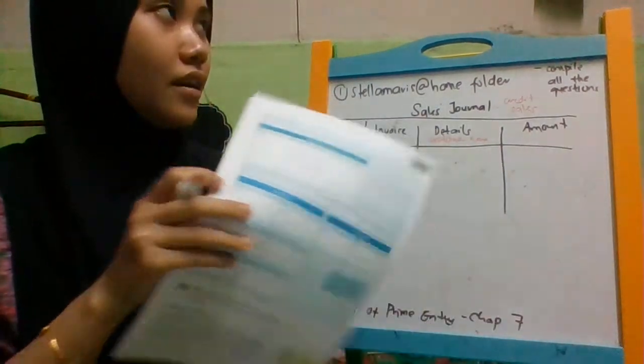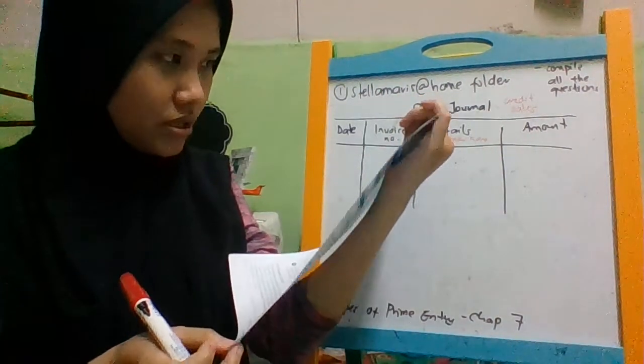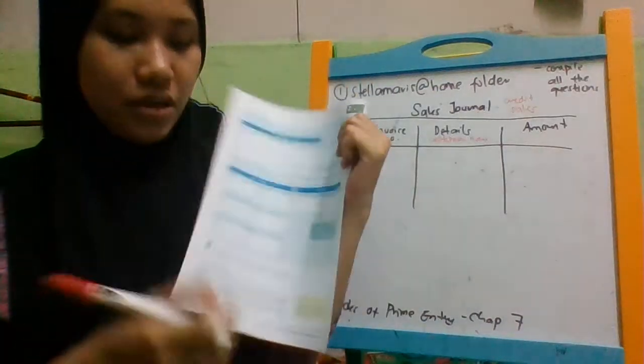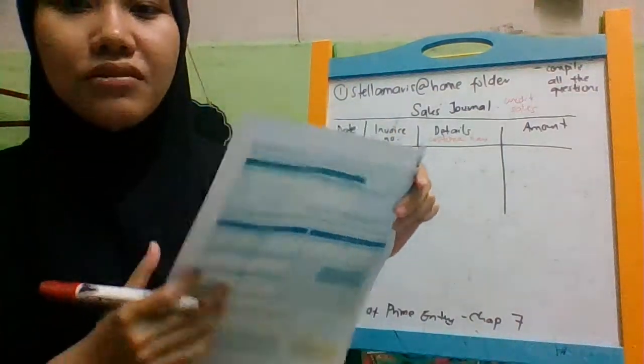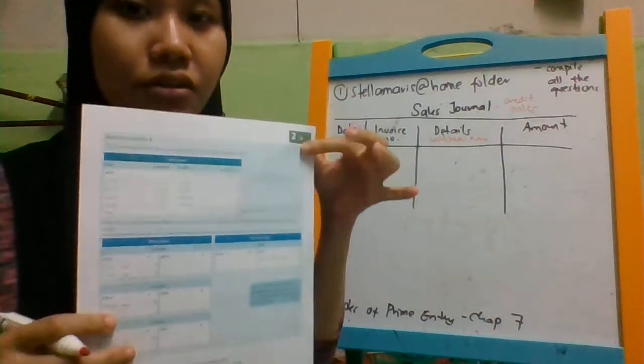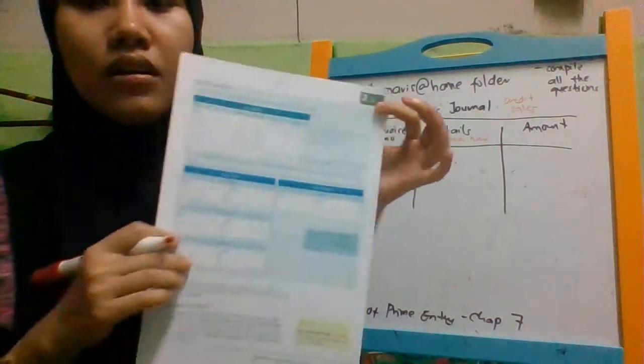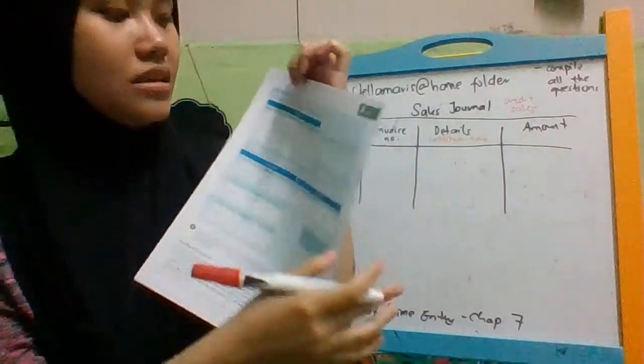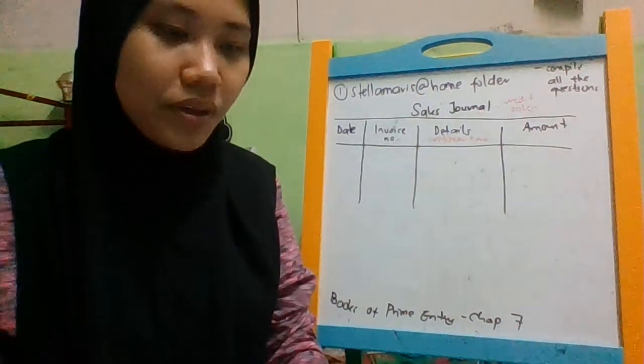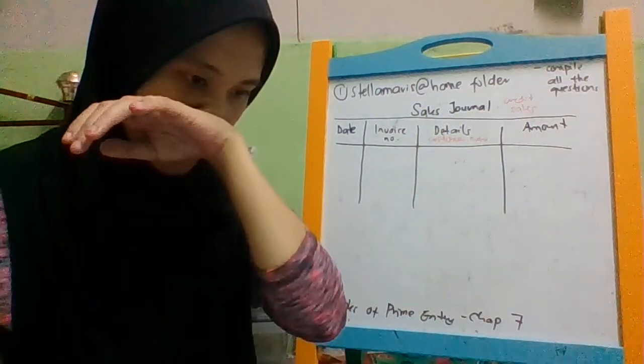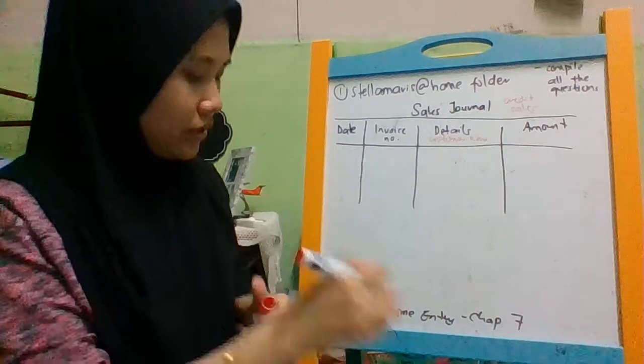You can refer to page 11, work example 4, in the notes that I attached together. This upper part is the sales journal. In this work example 4, the first transaction is on 4th April.